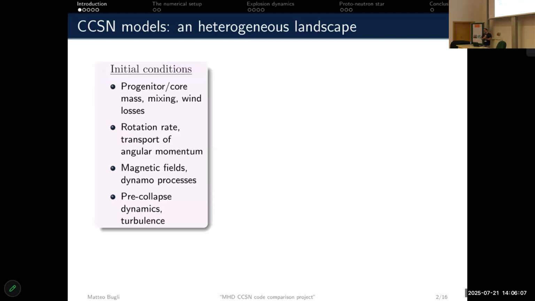And so this is where the uncertainties stem from in terms of what we start from when we start describing the collapse of a massive star. And then we also have the impact of the perturbations that are already in the progenitor before the collapse, so the turbulence and the small scale dynamics that can have a quantitative impact on the explosion itself.